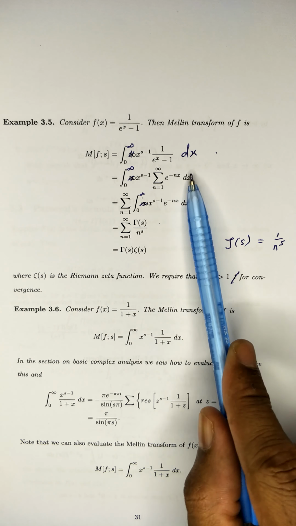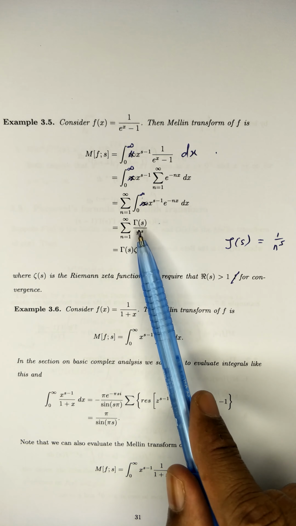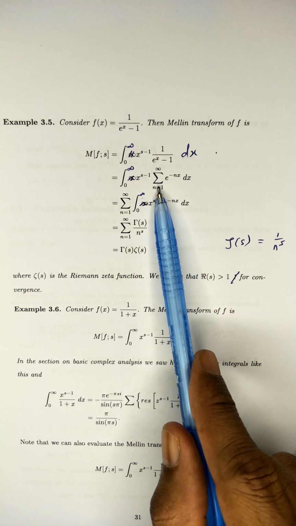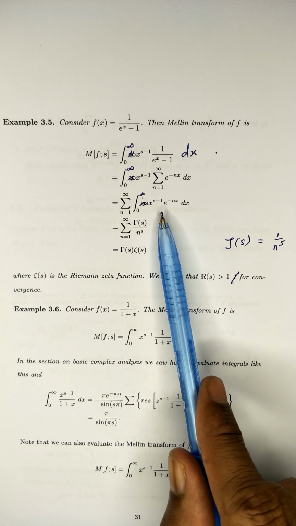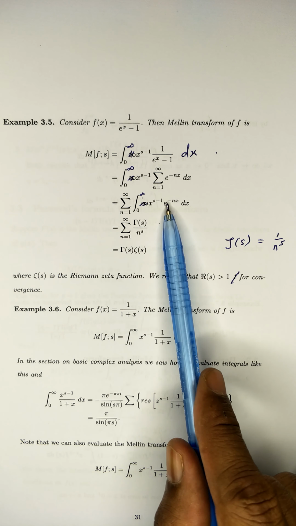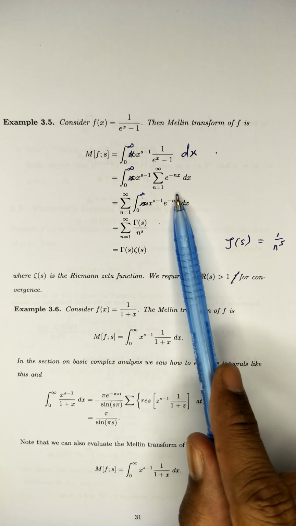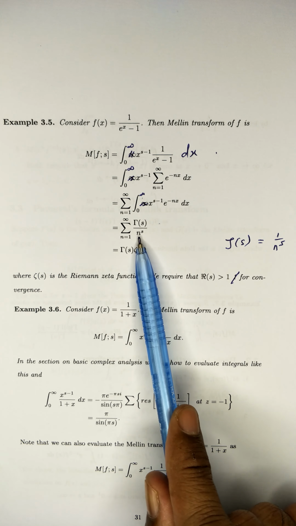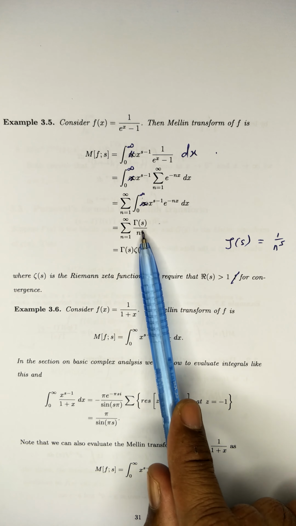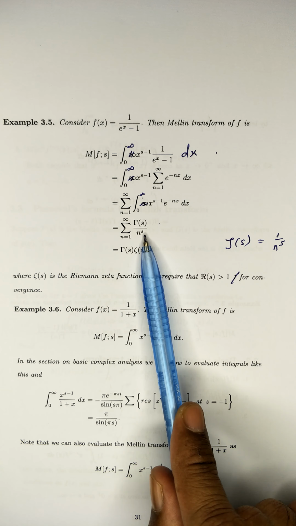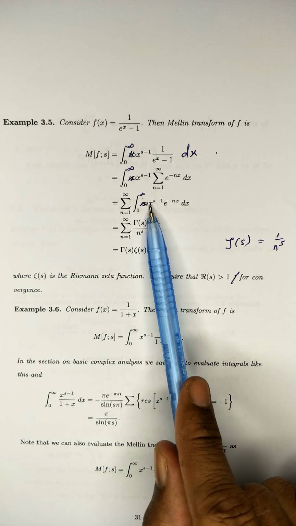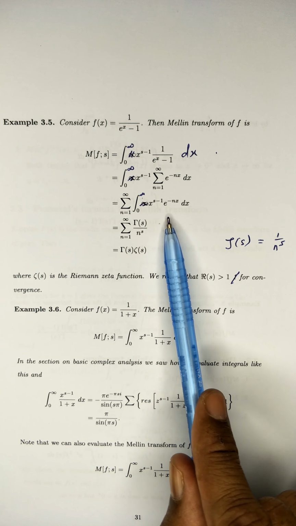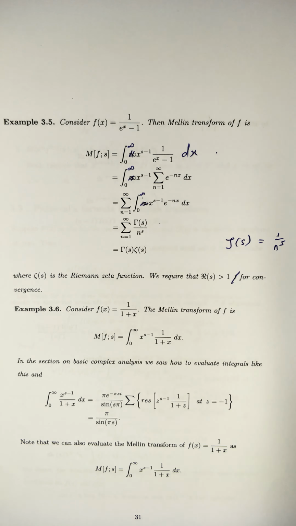Then you take out the summation, and e^(-nx) you can again substitute with some variable, then you can come up with that. So 1 over n to the s is the Riemann zeta function, and x^(s-1) e^(-x) gives the gamma function.